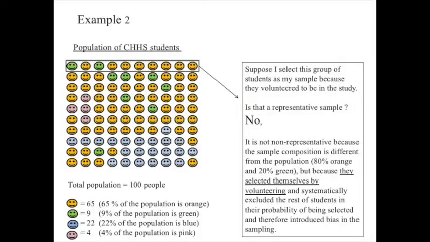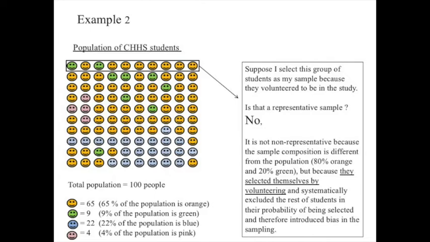Let's look at this other example. Same population, CHHS students. Now, suppose I select this group, the top row there, because they volunteered to be in the study. Say I'm going to do a study and 10 students volunteered. Now, is that a representative sample? No, it is not.